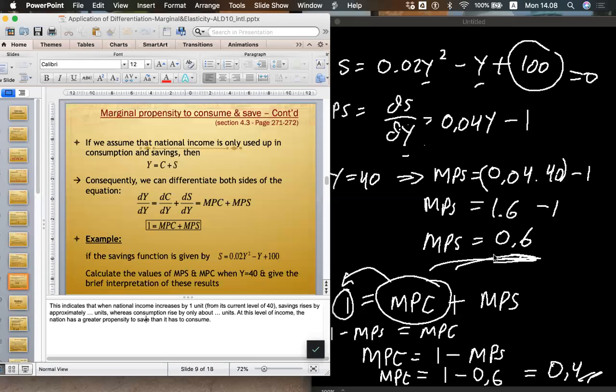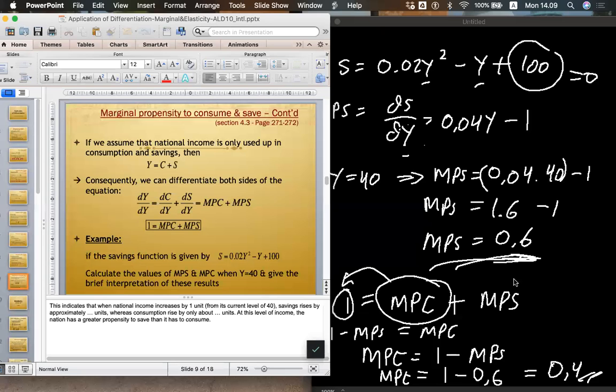Actually, the marginal propensity to consume or save represents the percentage that people usually allocate based on their income. So in this case, the percentage of saving is greater than the percentage to consume.